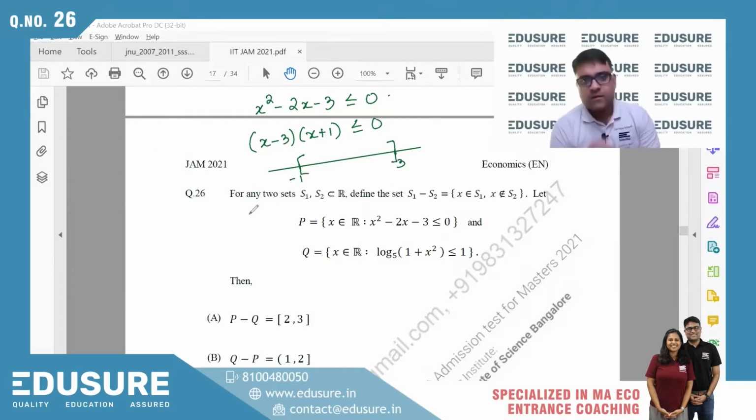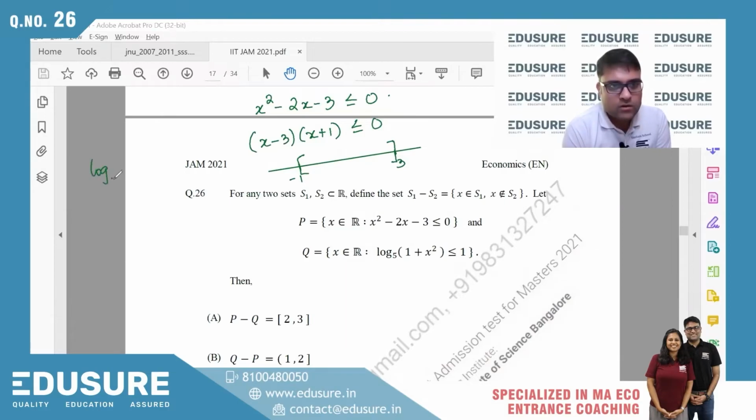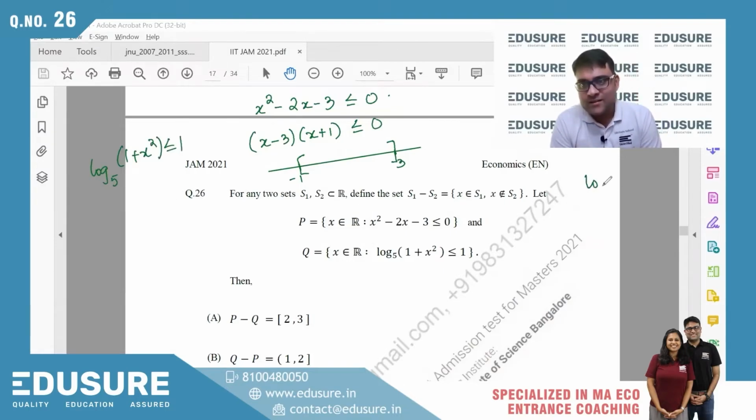Okay, Q is log to the base 5 of 1 plus x square less than equal to 1. Now I know that log b to the base a is equal to c is basically a to the power c is equal to b.